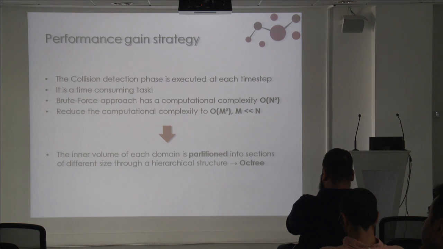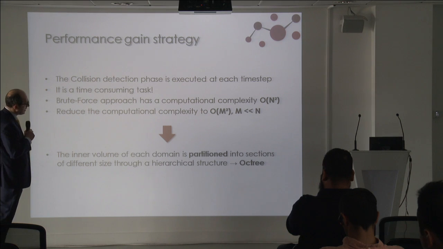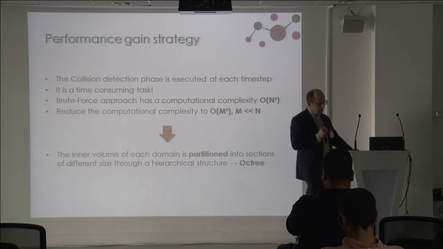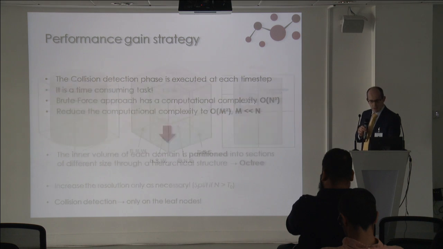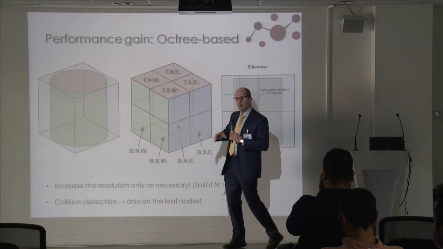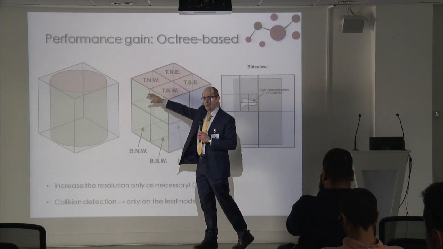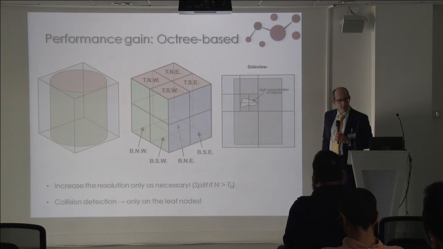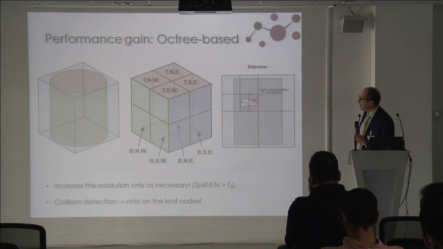An additional gain can be achieved by implementing the octree strategy. The octree is a data representation model that divides the simulated compartment, the simulated domain, in octants, in 8 elements for each split.